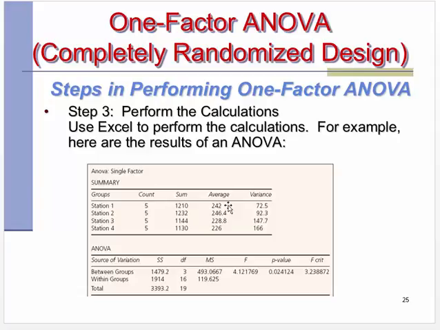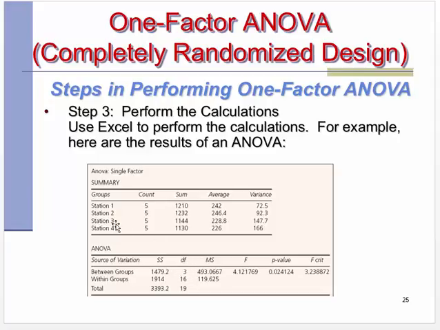This is the average from each station, and this is the variance. Then Excel calculated the statistics for you. In this case, the between group sum of squares is 1479.2, within groups 1914. The total sum of squares, SST, is 3393.2. The degree of freedom here for the between group is 3.